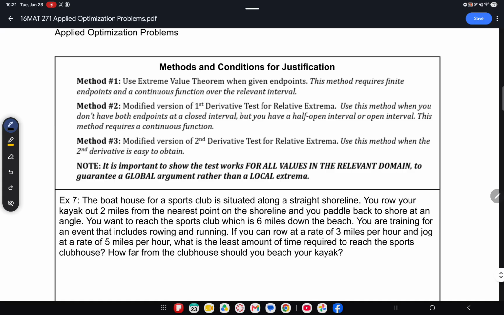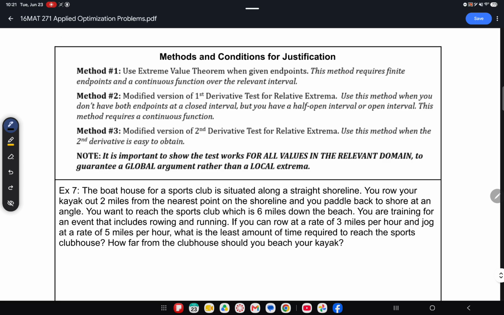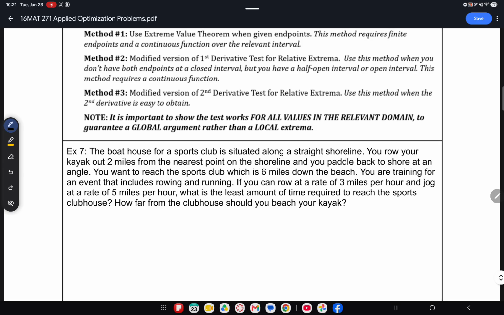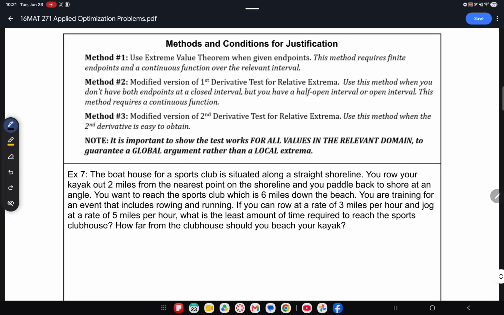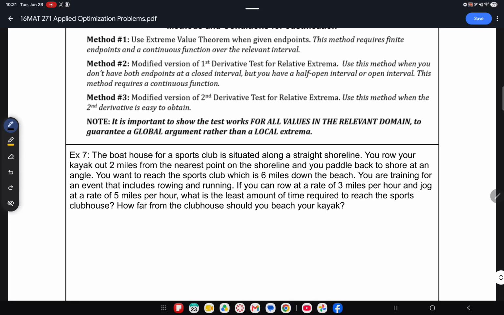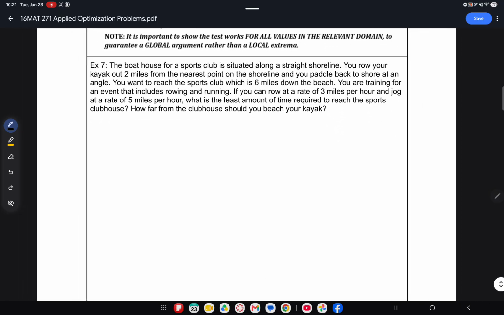Or we could do the second derivative test, and if we plug it into the second derivative, if we get a negative, it's concave down. It's positive, it's concave up. So it'll tell us if we have a maximum or a minimum. So just some different methods on justifying. I've just always used that first derivative test.